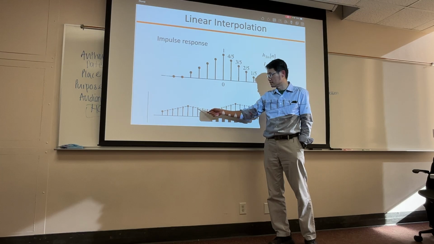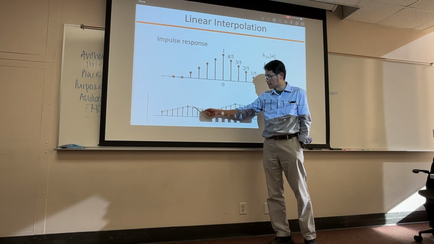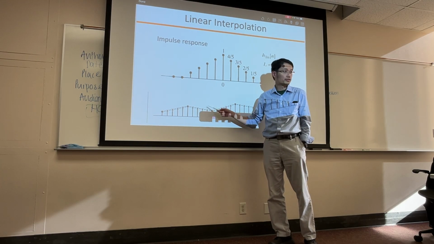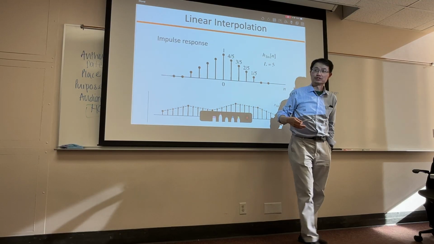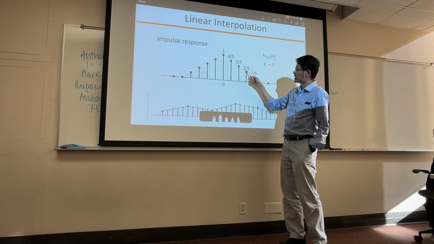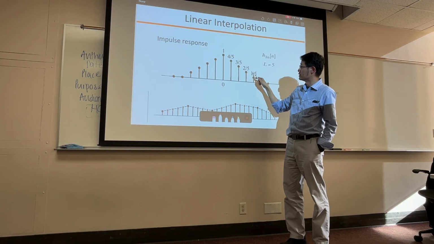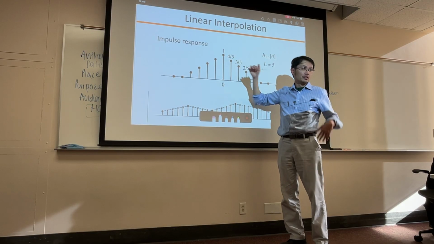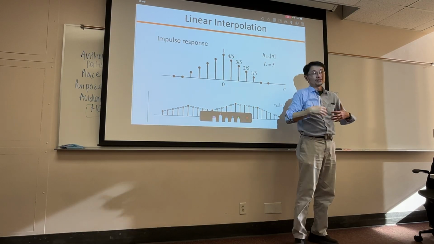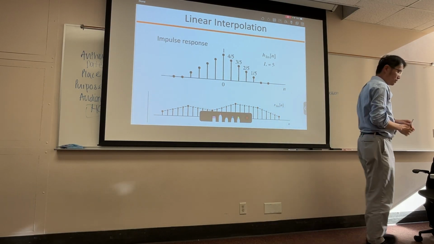If you are here, you have 3/5 of this and 2/5 of that. That's how you do linear interpolation, and it happens to be exactly like this. You see all these coefficients, 1/5, 2/5, 3/5, and 4/5. If you do a convolution, that's exactly what you get. So that's no problem.